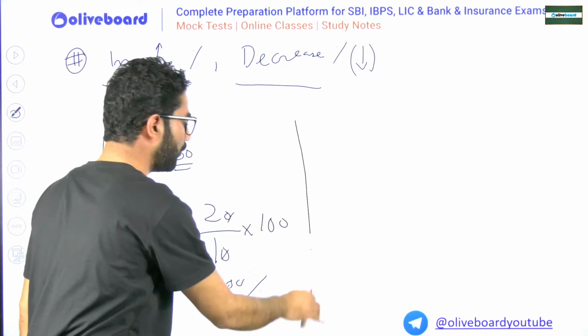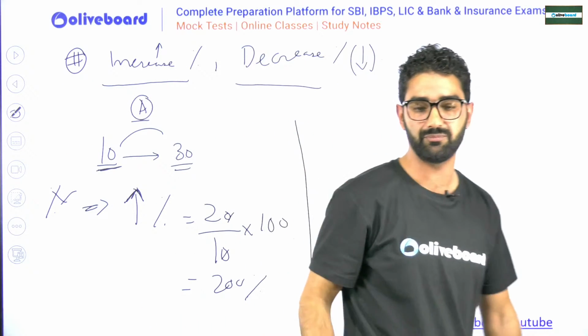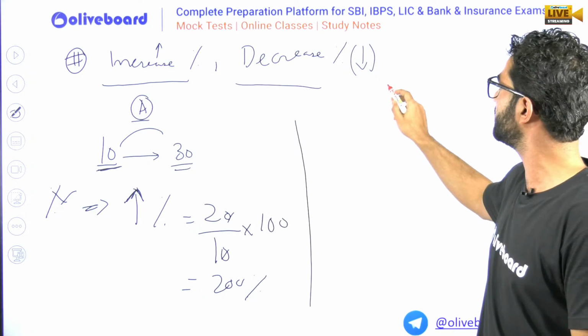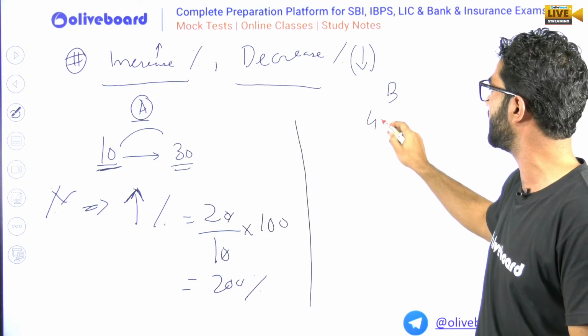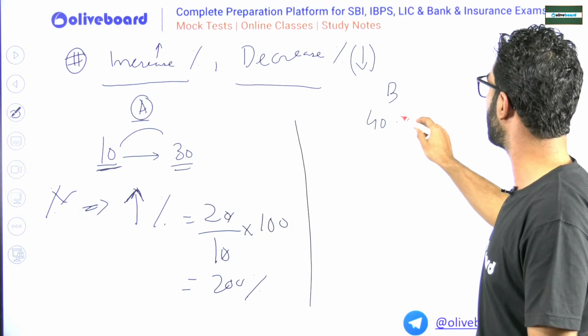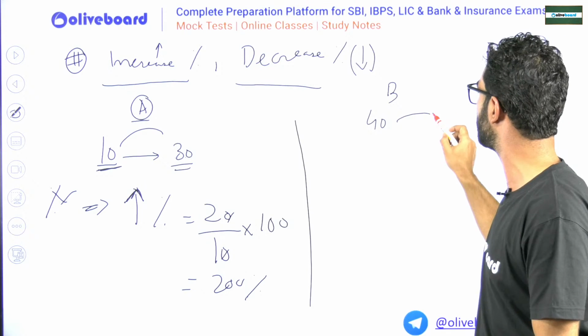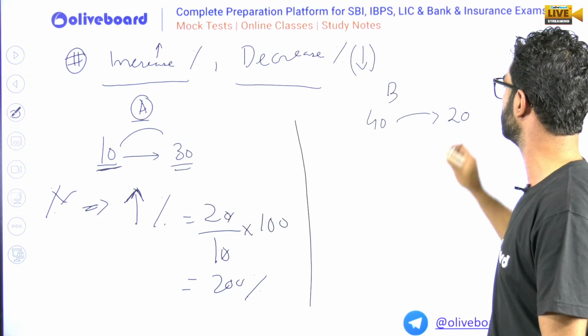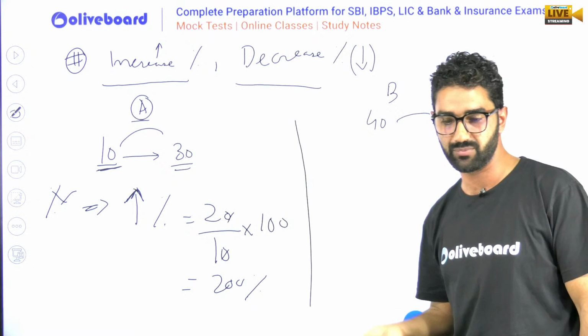Now similarly we can move to how to calculate decrease percentile. If a person B has 40 items and now it has decreased to 20, how do we calculate the decrease in percentile?